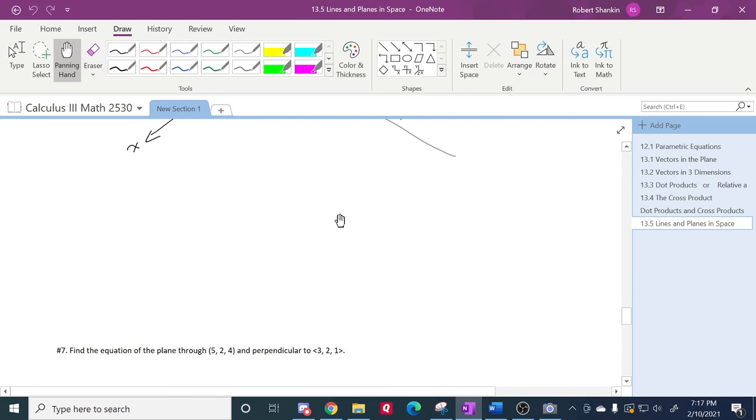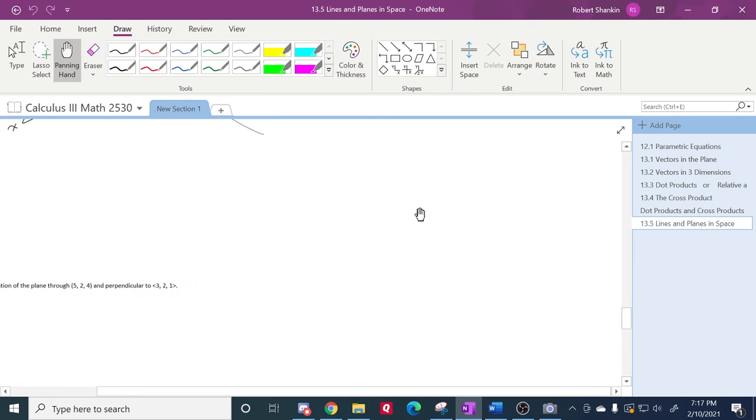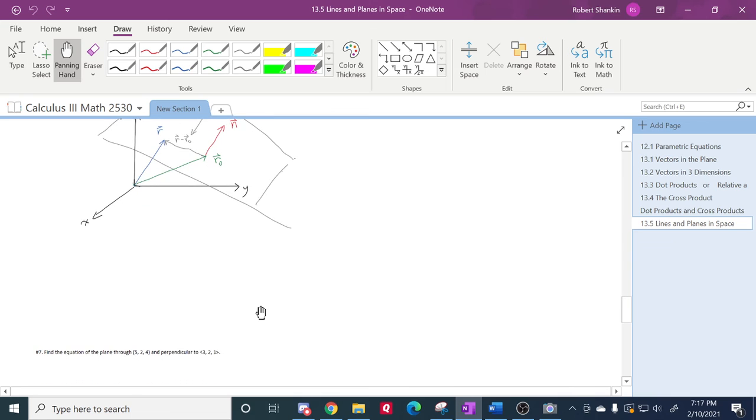Find the equation of the plane through the point 5, 2, 4, perpendicular to the vector 3, 2, 1. And let me shrink a little bit so you can see the picture. Let me give you a minute.